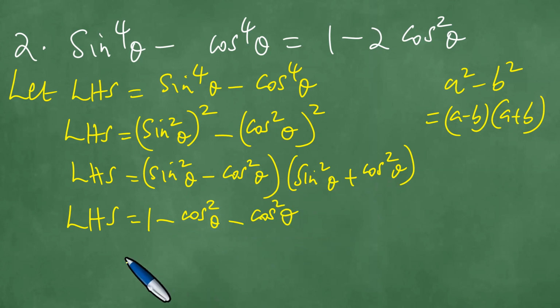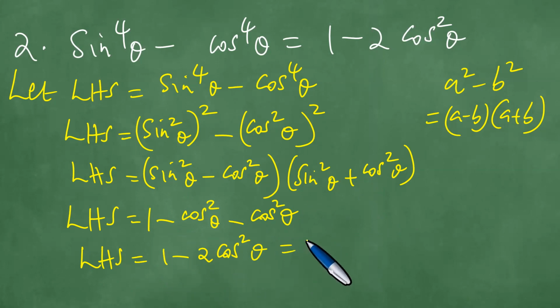And therefore the left-hand side is 1 minus 2 cosine squared theta, which is the right-hand side. So we have proven this identity in the yellow color.